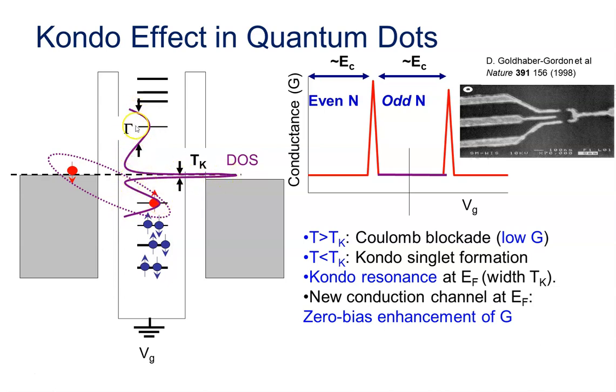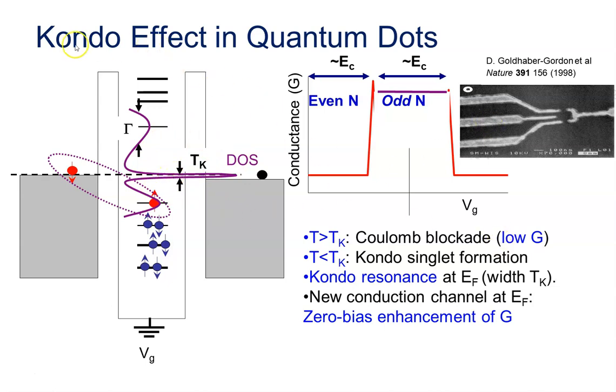Right there, these are the other two peaks with gamma, but this one is sitting precisely at the Fermi energy. And this sitting precisely at the Fermi energy will allow for transport of electrons. So it means that even though you are not in any single particle resonance with the leads, there will be conductance here at low temperatures, below the Kondo temperature, because of the appearance of this many-body state.